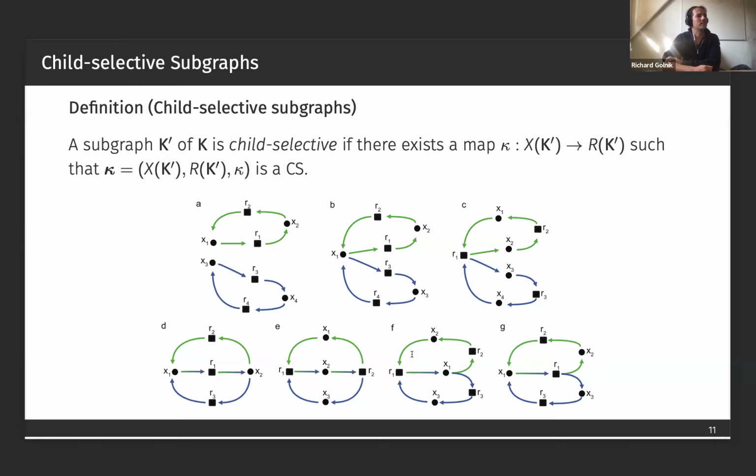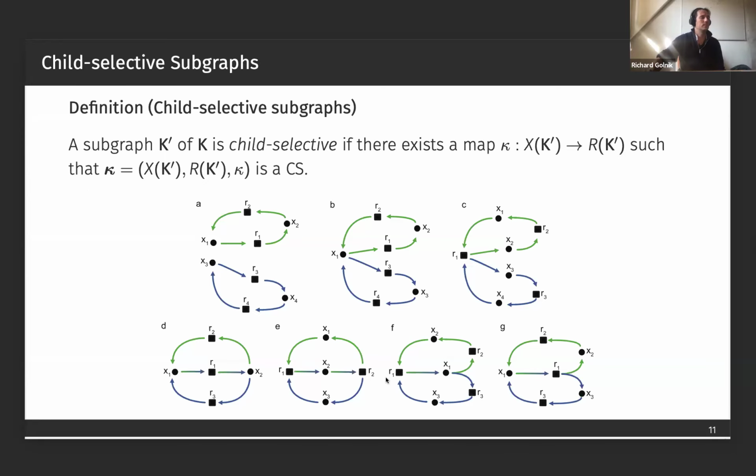So does there exist a map from the subset of the species into the subset of the reaction vertices, a bijection, such that this triple becomes a child selection? I've shown here many examples, of which actually only A and G are child selective, because B, C, D, and E somehow violate that the number of species vertices has to be identical with the number of reaction vertices.